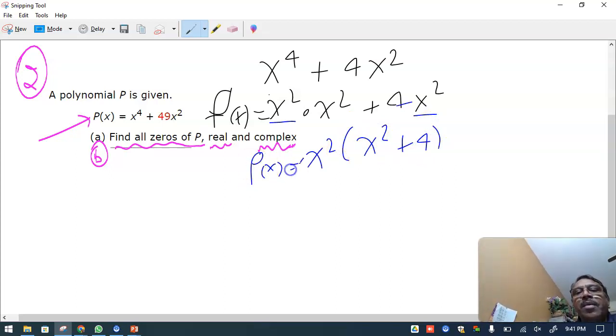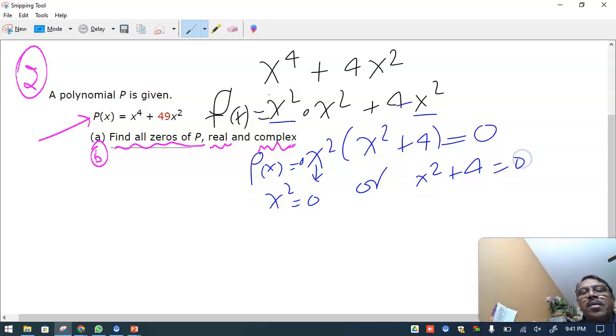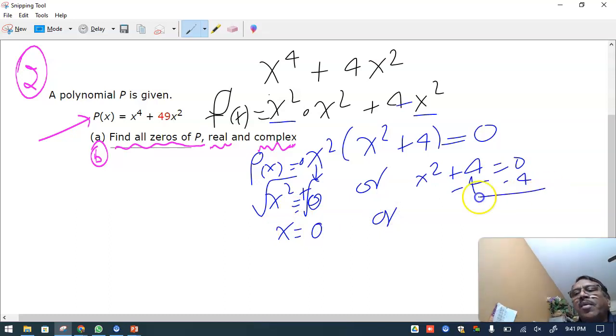So now we want to put each one equal to 0. When is this going to be 0? Either the first one is 0, x squared is 0, or x squared plus 4 is 0. So you put a square root, and the square root of 0 doesn't matter plus or minus, so you get x equals 0. Or here you subtract 4 from both sides and you end up getting x squared equals negative 4.